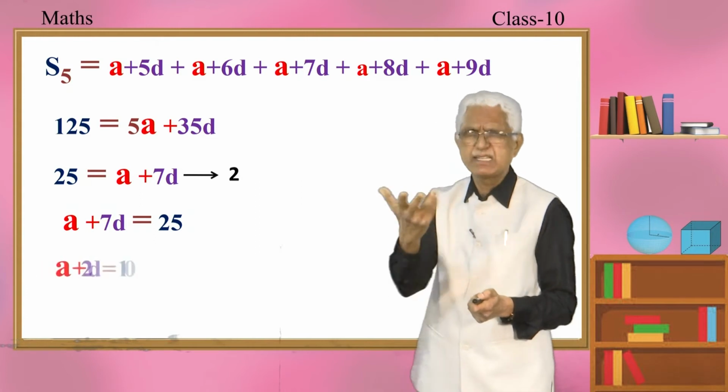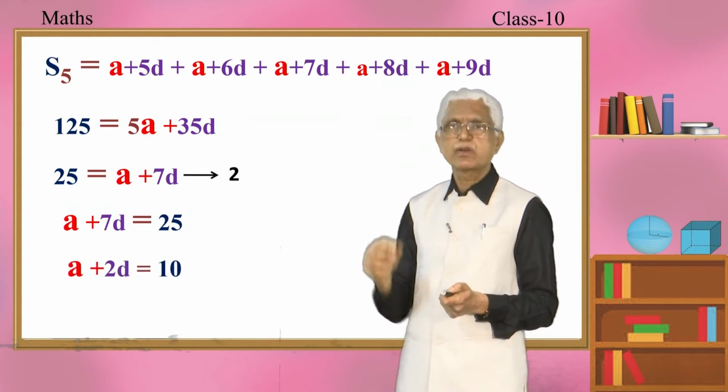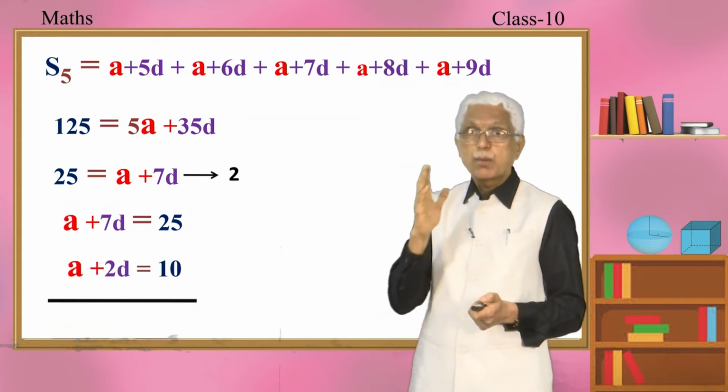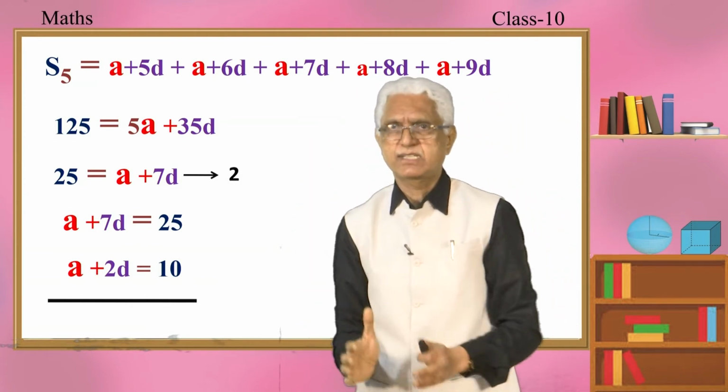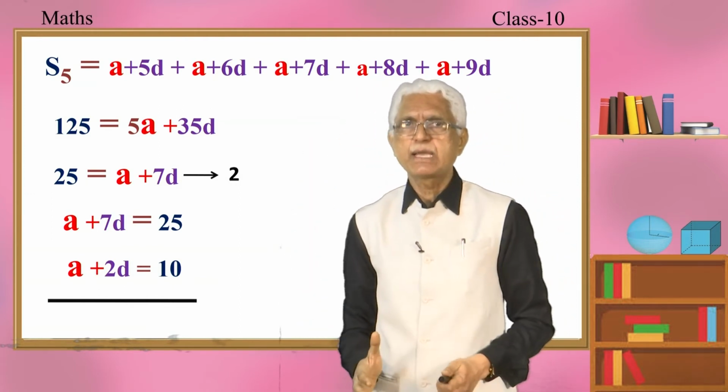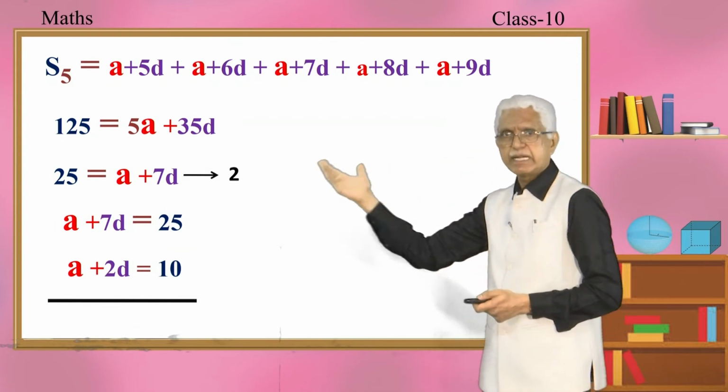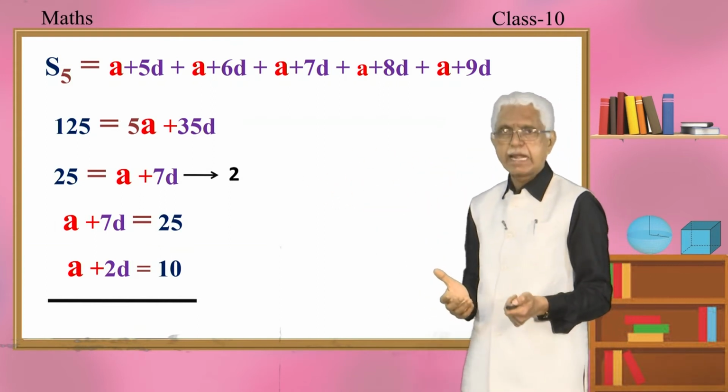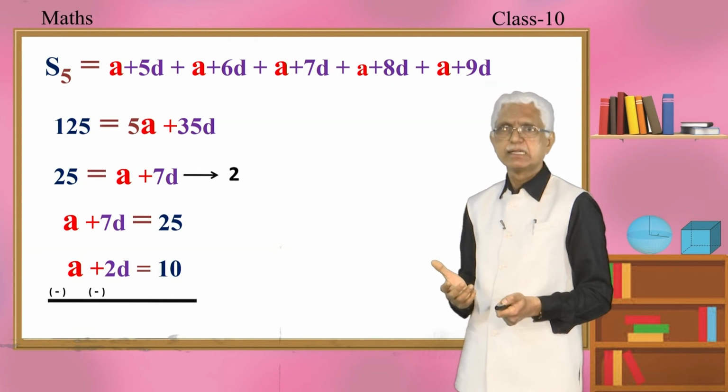A plus 7D is equal to 25. The first equation was A plus 2D is equal to 10. By now you are so well versed, so confident of solving a pair of linear equations. A plus 7D 25, A plus 2D 10, and A gets cancelled, correct?